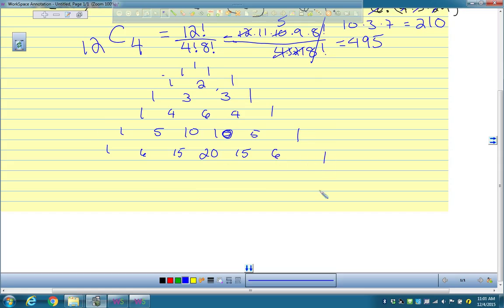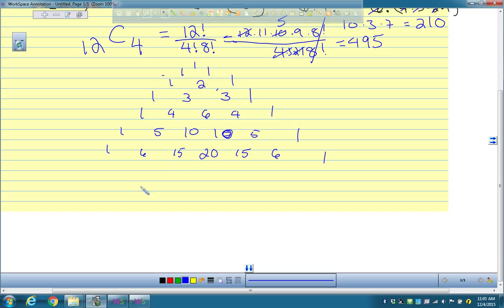So this is row 0, row 1, row 2, row 3, row 4, row 5, row 6. And if I were looking at this row, this is column 1, column 2, column 3, column 4, column 5, column 6, column 7.